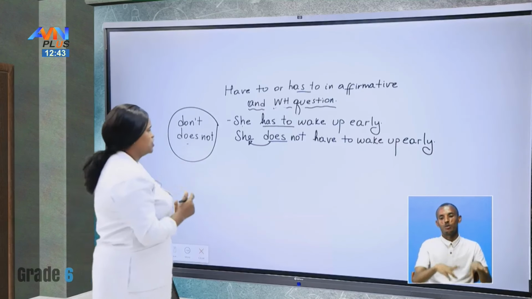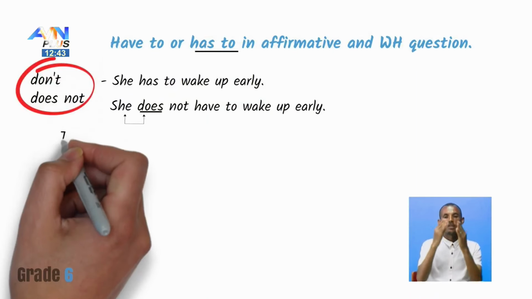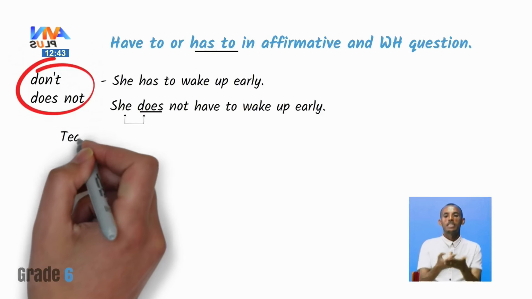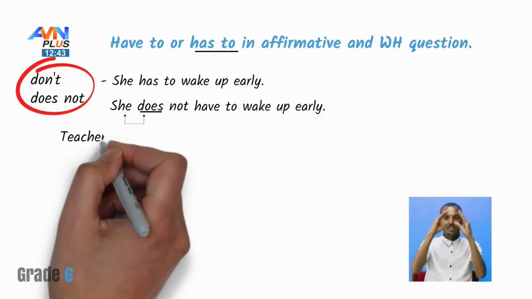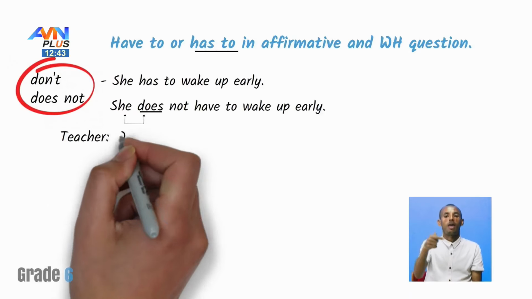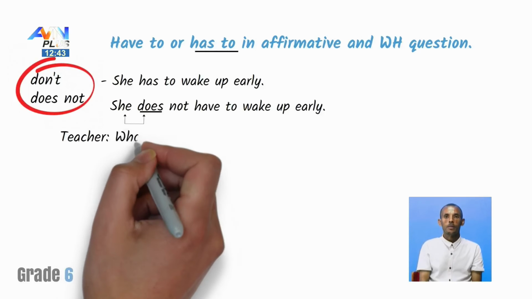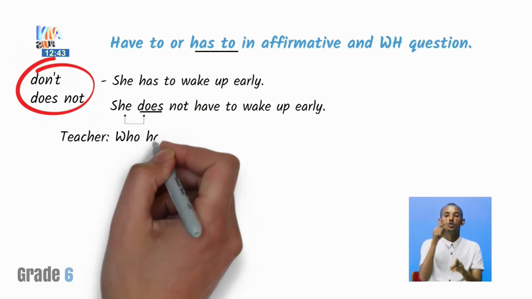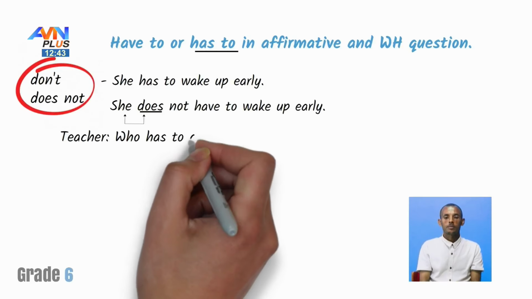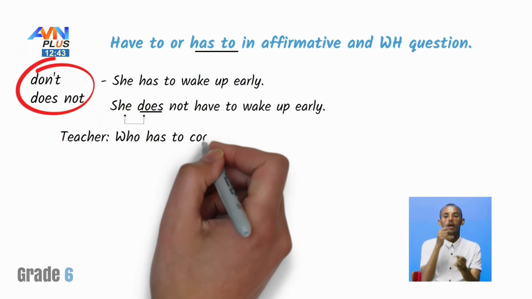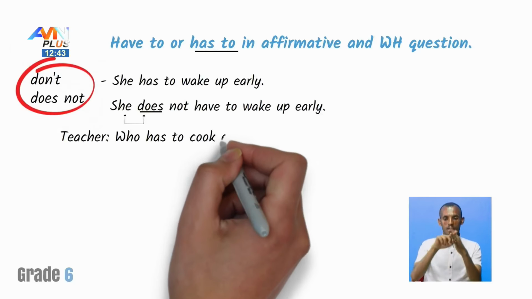Okay? Now, let me show you some conversations that happened among my students. All right? Look, teacher. Now, this time, teacher is asking the teacher, okay? To make it simple, let's start with the WH.